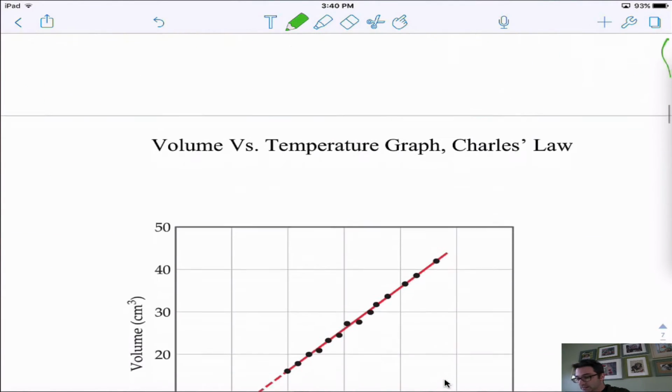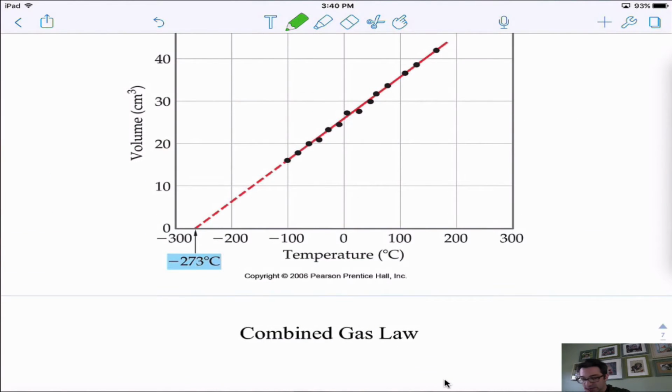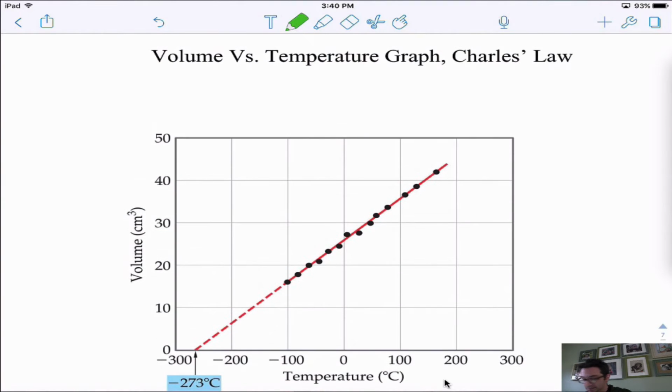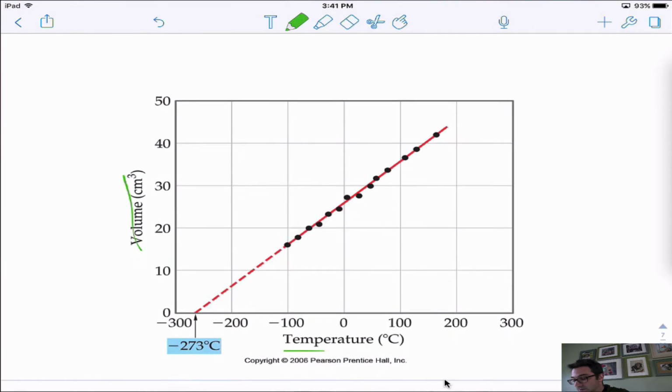Okay. Here's a graph of Charles's law, and this is showing you that if we extrapolate the points where we graph temperature versus volume, what we'll see is that by extrapolating the graph back to the origin, we reach a certain point where the temperature is the lowest possible temperature imaginable, minus 273 Kelvin, which is also known as 0 Kelvin.